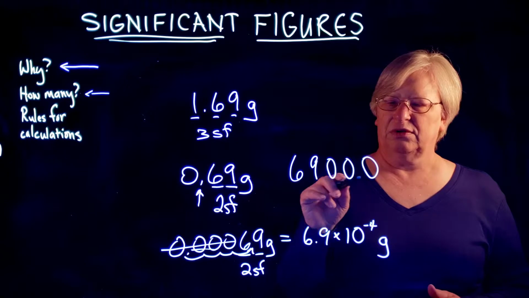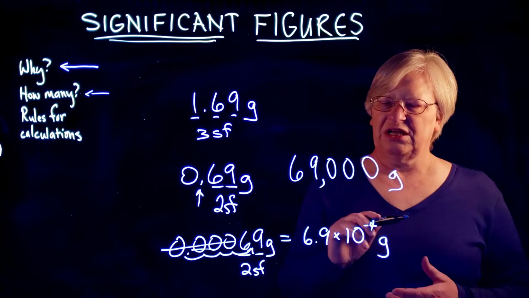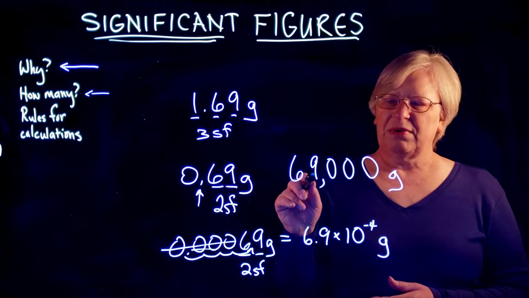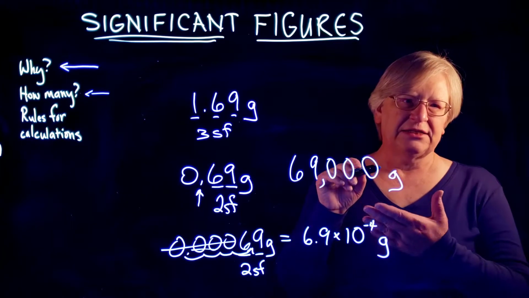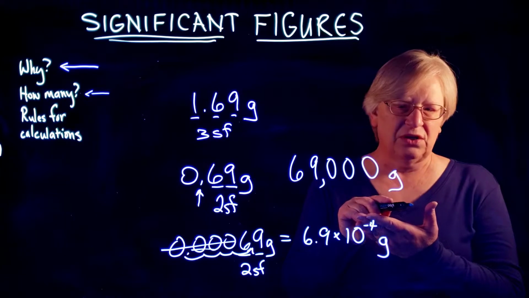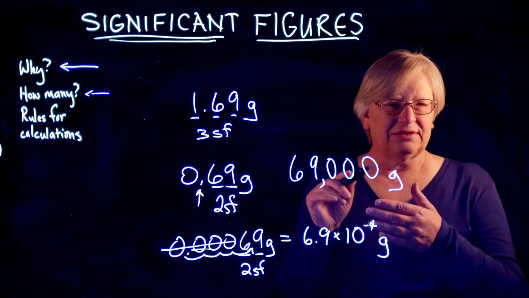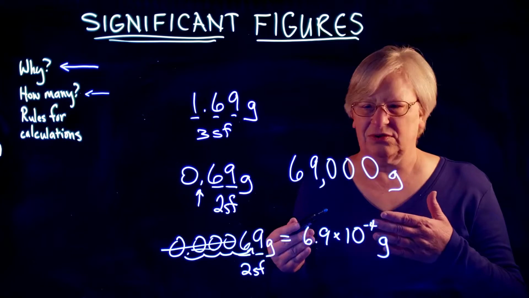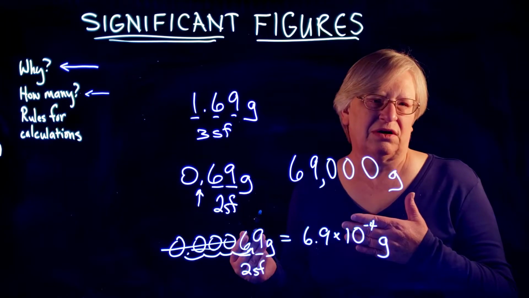All right, what about zeros on the other end of the number? 69,000 grams, okay? Well, what about that? Did we measure this to the exact number of grams, or is this an estimate? Well, it's closer to 69,000 than it is to 70,000 grams or to 68,000 grams. Which is it?